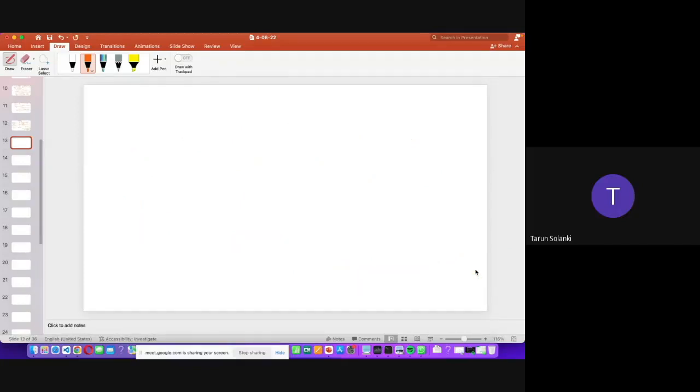Next, terms related to parabola. The first one is eccentricity. Let me draw it once again. Draw from L to L dash, which is a comma 2a and a comma minus 2a.